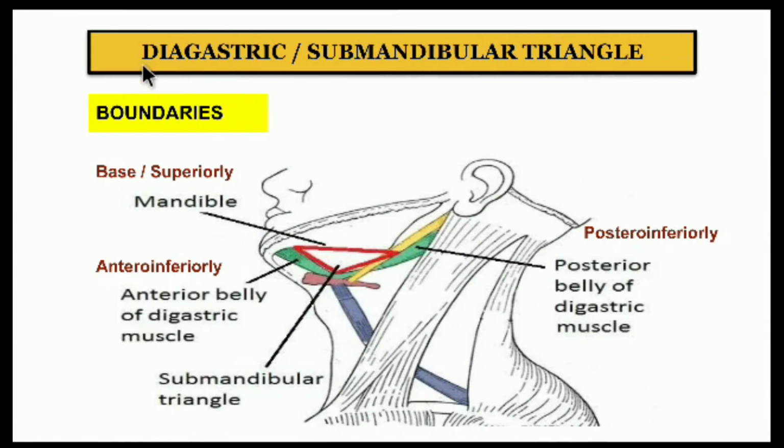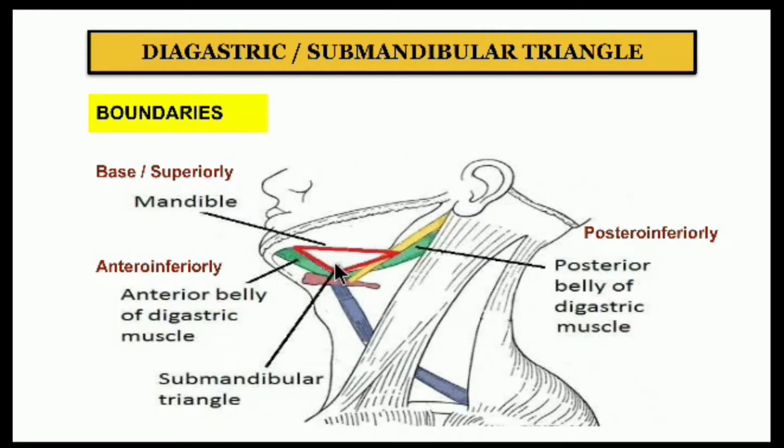Now the second triangle, the digastric and submandibular triangle. First we see the boundaries. See, the base lies superiorly. So, the base or superior border is formed by the base of the mandible.